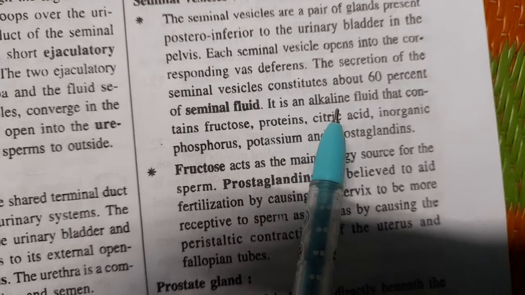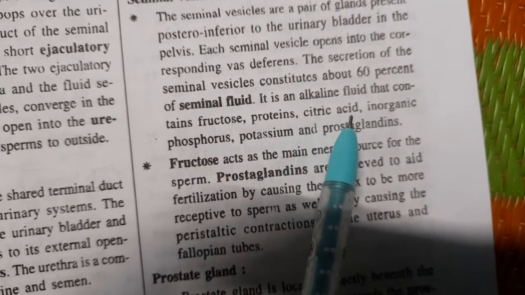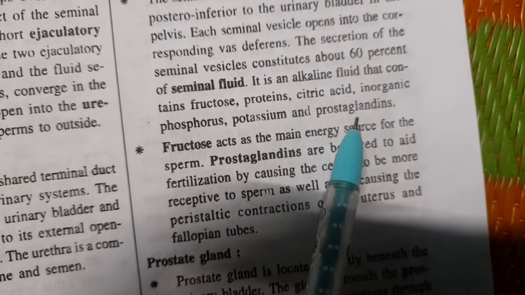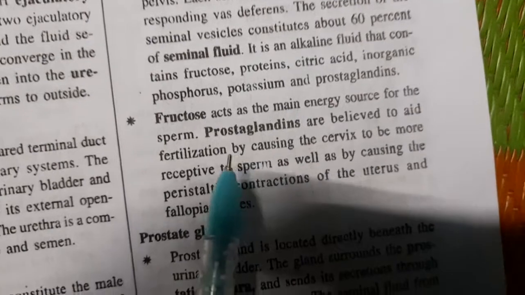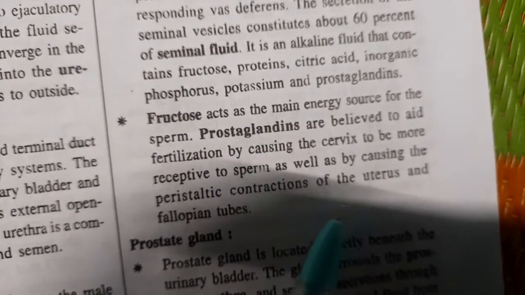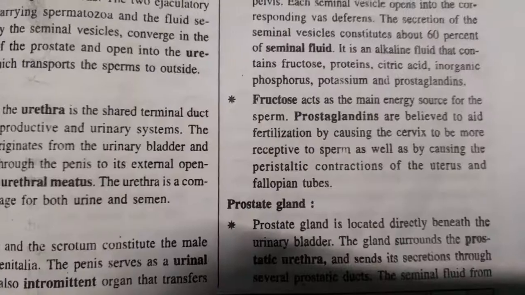What is its nature? An alkaline fluid that contains fructose, proteins, citric acid, inorganic phosphorus, potassium and prostaglandins. What is the function of fructose? It acts as the main energy source for the sperm.